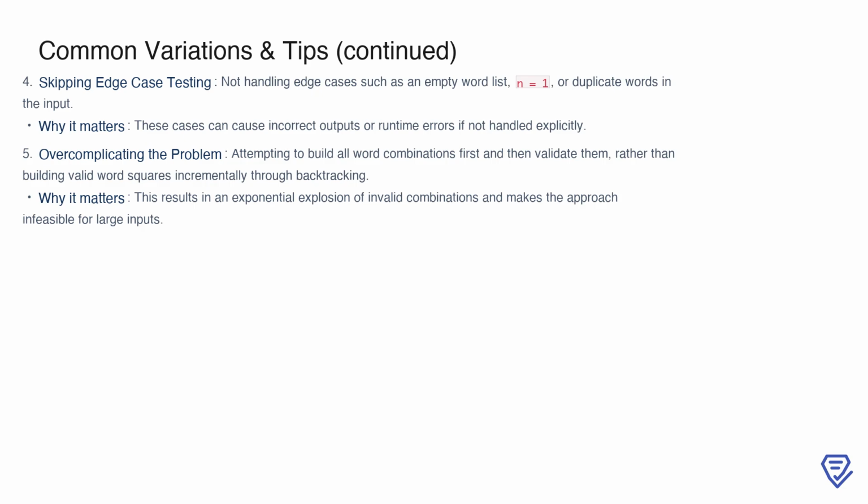A common pitfall is attempting to generate all possible word combinations first and then validating them. This approach results in an exponential number of invalid combinations and quickly becomes unmanageable for larger inputs. Instead, focus on building word squares incrementally during the backtracking process. By ensuring each step leads to a valid square, you avoid exploring unnecessary paths, making your solution far more efficient.